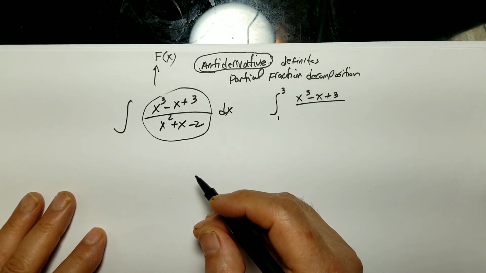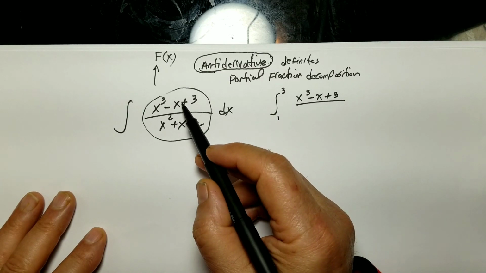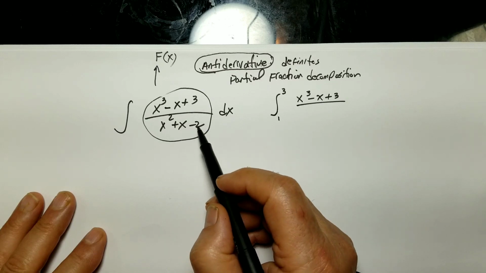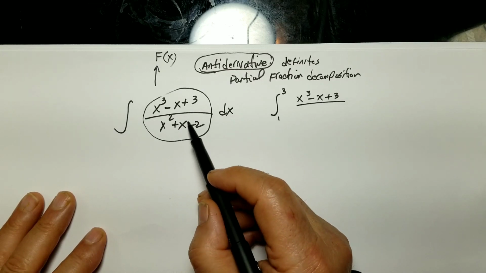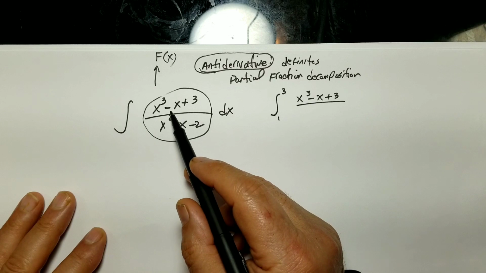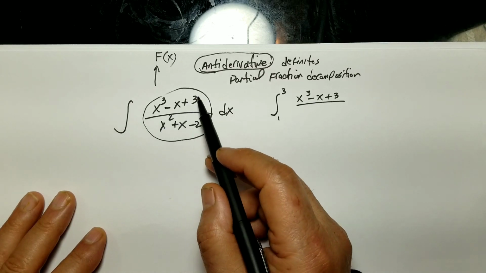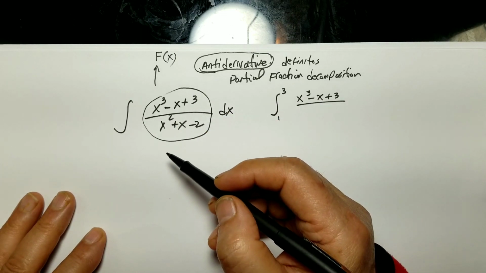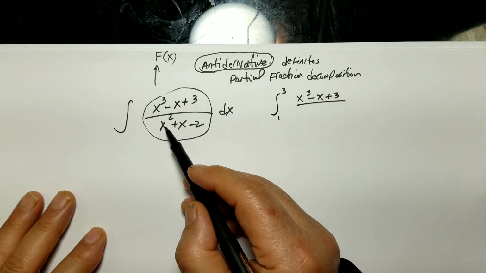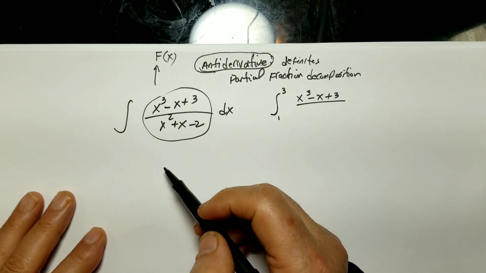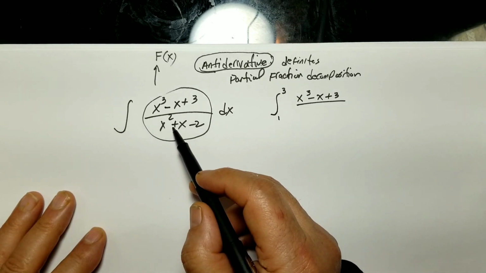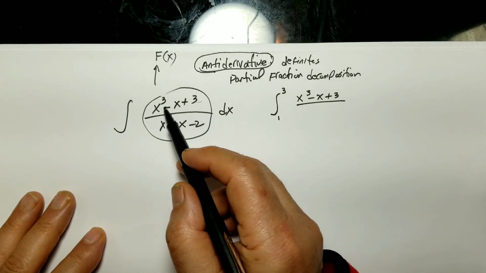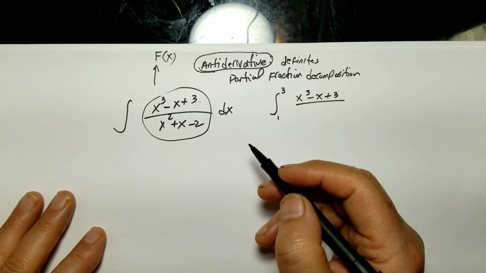And most likely when it's a rational function, you want to make sure your bottom represents the inside function and the top the outside function, and the derivative of the inside function is on the top, so that you can apply the logarithm. Therefore, I have to make x squared plus x minus 2 my inside function, and its derivative is 2x plus 1, which is really way different from the top.